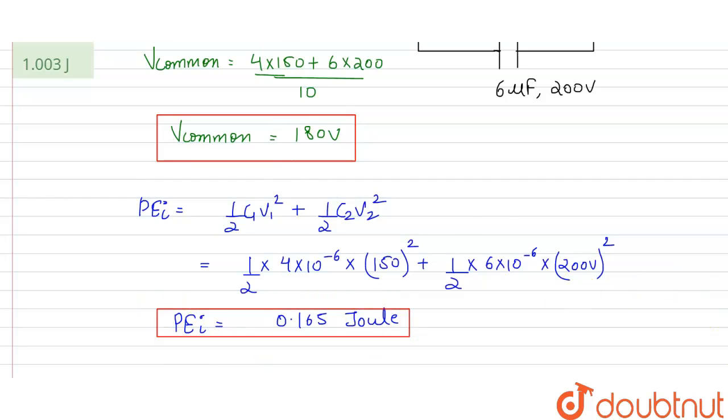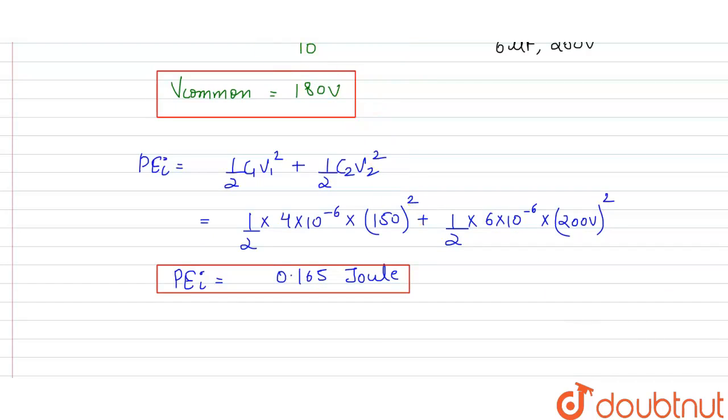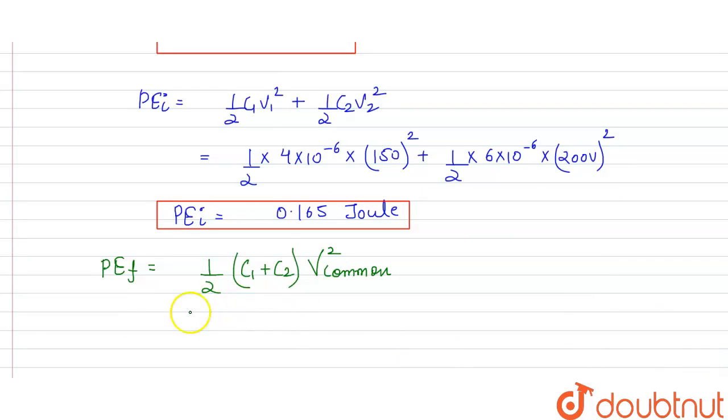Now, if we go towards the calculation of potential energy final, then potential energy final is equal to half (C1 plus C2) into V common square, because now both the capacitors have the same voltage.